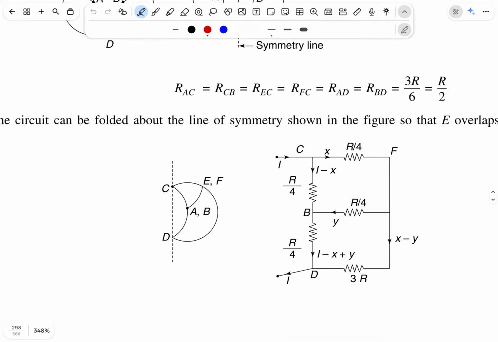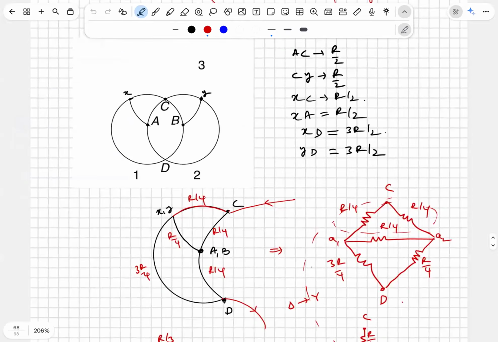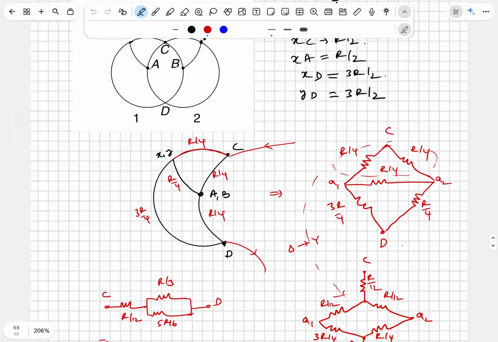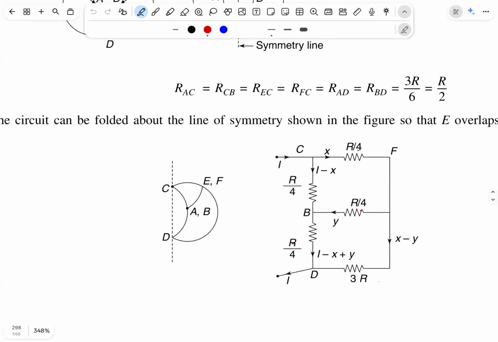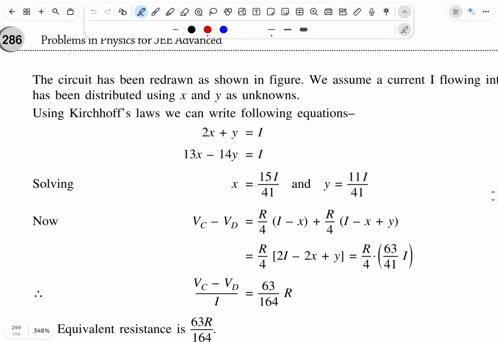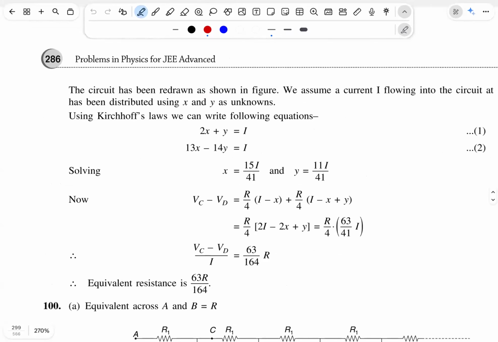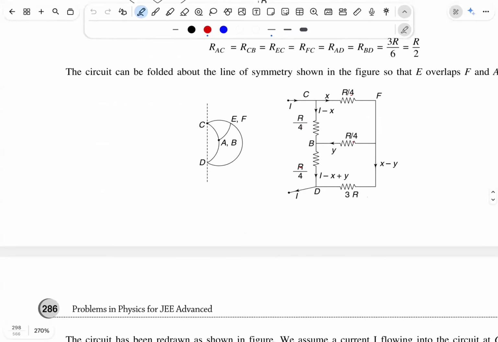No. First look at this structure. R/4, R/4, R/4, R/4, 3R. 3R came here; it should be written as 3R/4. Please try to understand. R/4, R/4, R/4, R/4, 3R/4. So 3R/4, okay. Everything is same. That should be 3R/4.